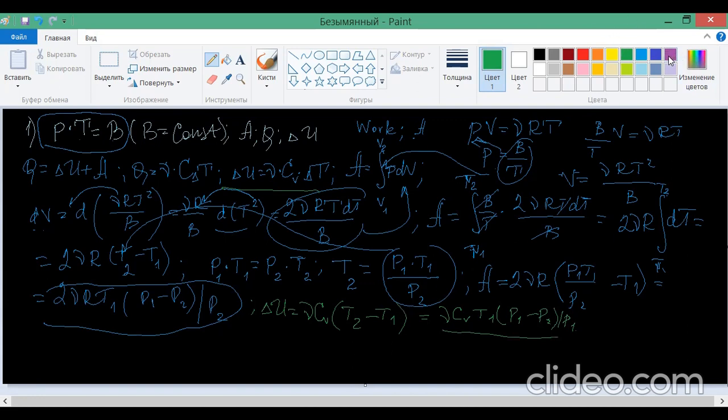As for Q, we can apply the first law of thermodynamics formula, and we'll get that Q is equal to delta U plus A. It means that we should sum these expressions. Okay, and for work we got this one.